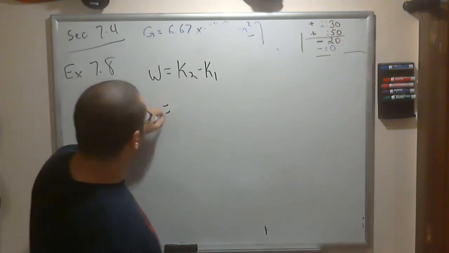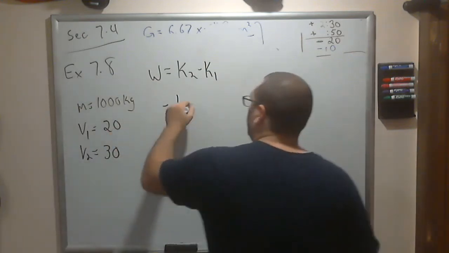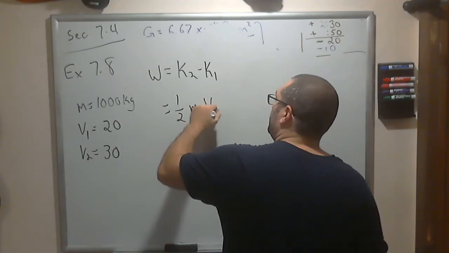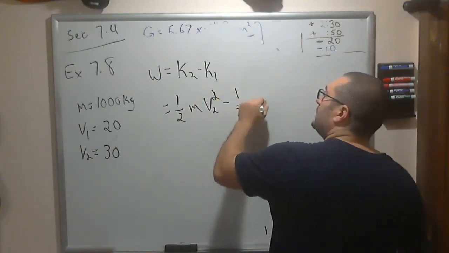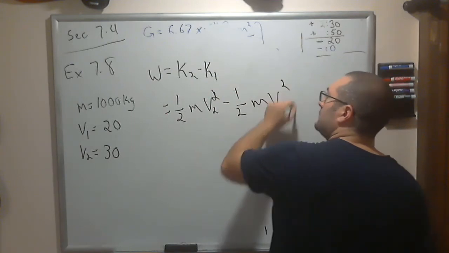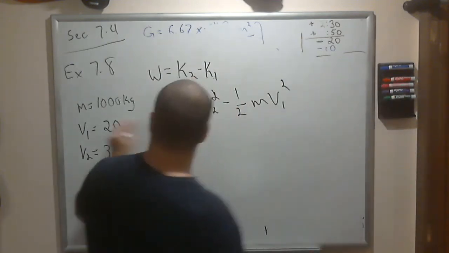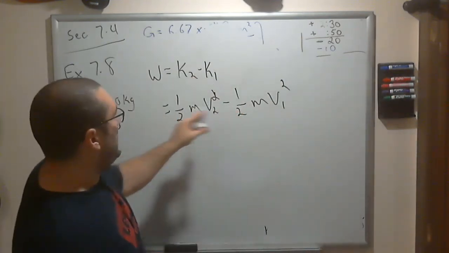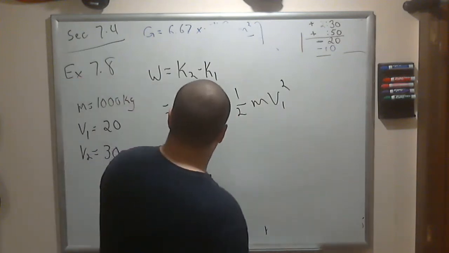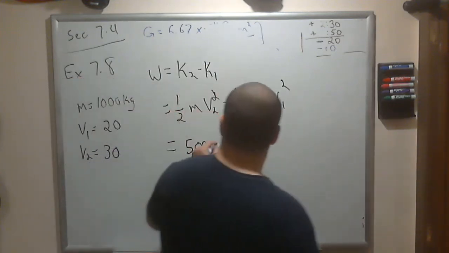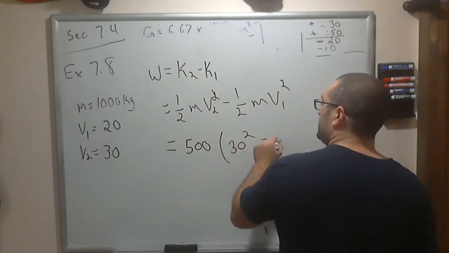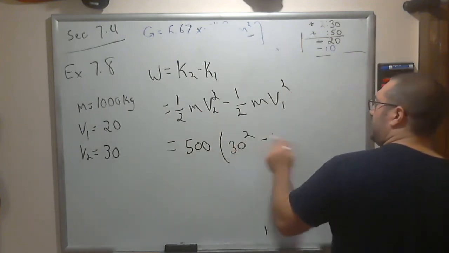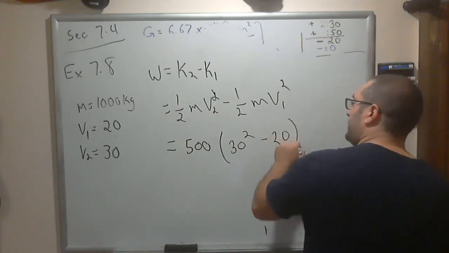Now we just calculate it. So it's 1/2 the mass times V2 squared minus V1 squared. Right? And then we can pull out the masses and the 2's. We get 500 multiplied by 30 squared minus 20 squared.